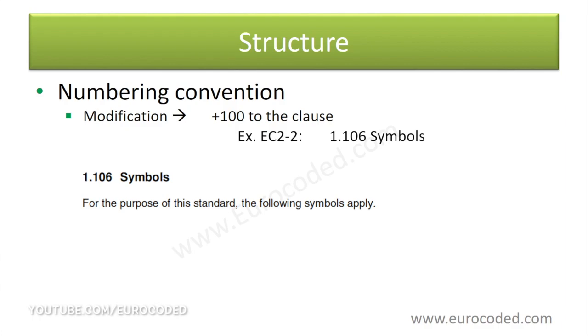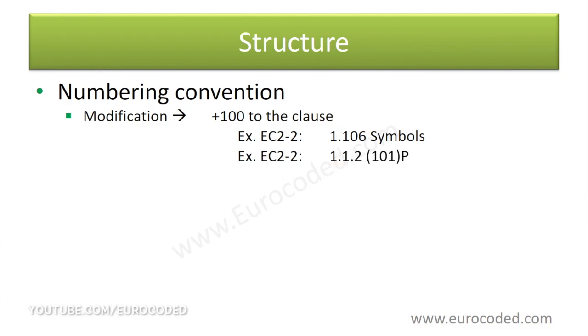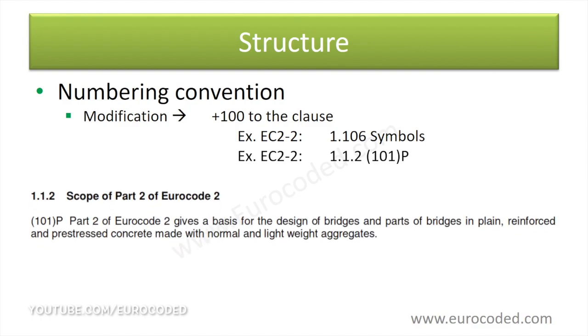It is numbered as 1.106 by adding 100 to the number 6. Another example: in Eurocode 2 Part 2, section 1.1.2 is titled scope of Part 2 of Eurocode 2. The very first clause is modified from Eurocode 2 Part 1.1, and this is numbered as 101 because 1 plus 100 is 101. This indicates that it is a modified clause.